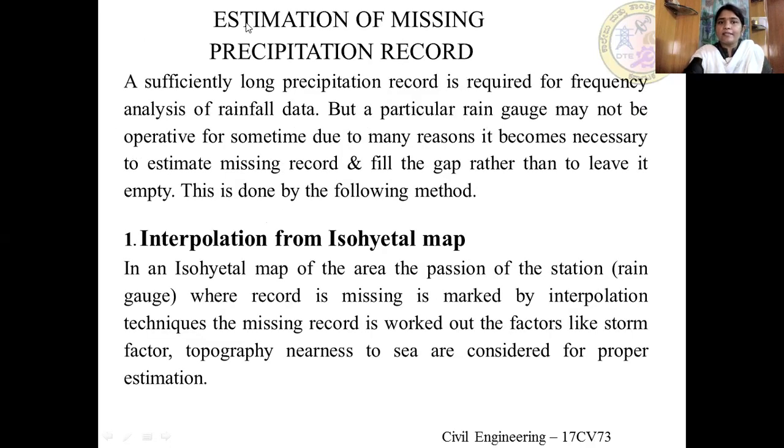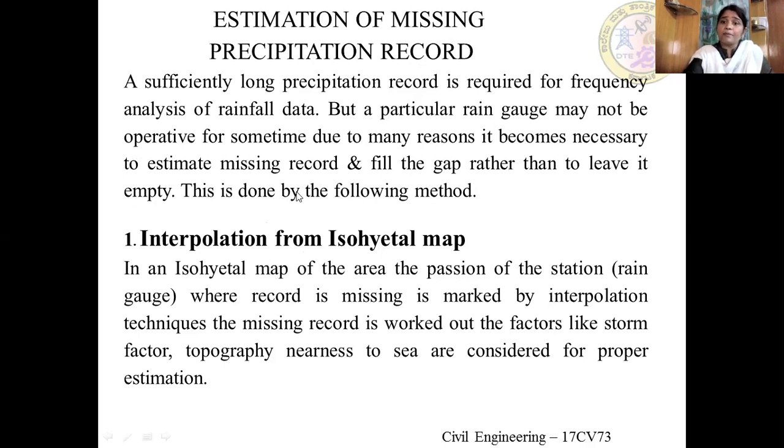Next, we have to determine the precipitation where some data is missing. That is known as estimation of missing precipitation record. A sufficiently long precipitation record is required for frequency analysis of rainfall data. So we need, for n number of years, the precipitation data at n number of rain gauge stations.